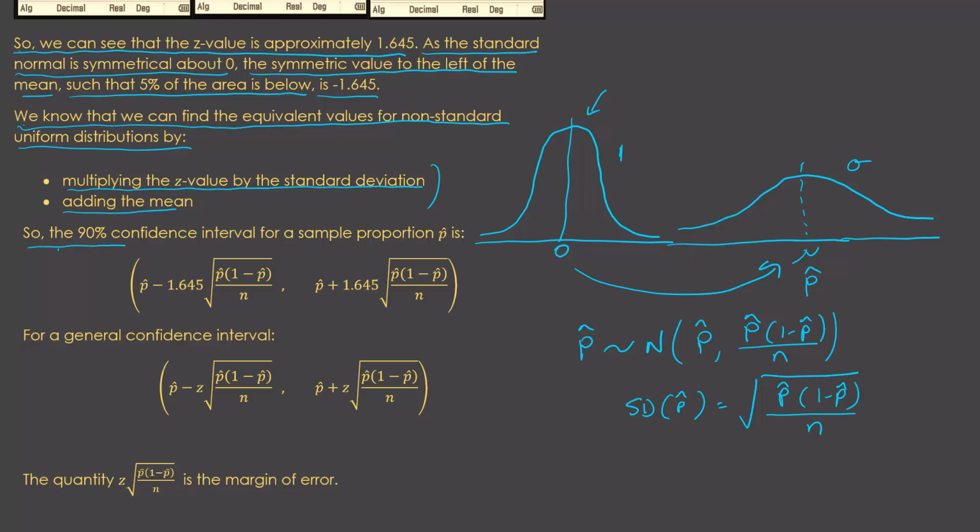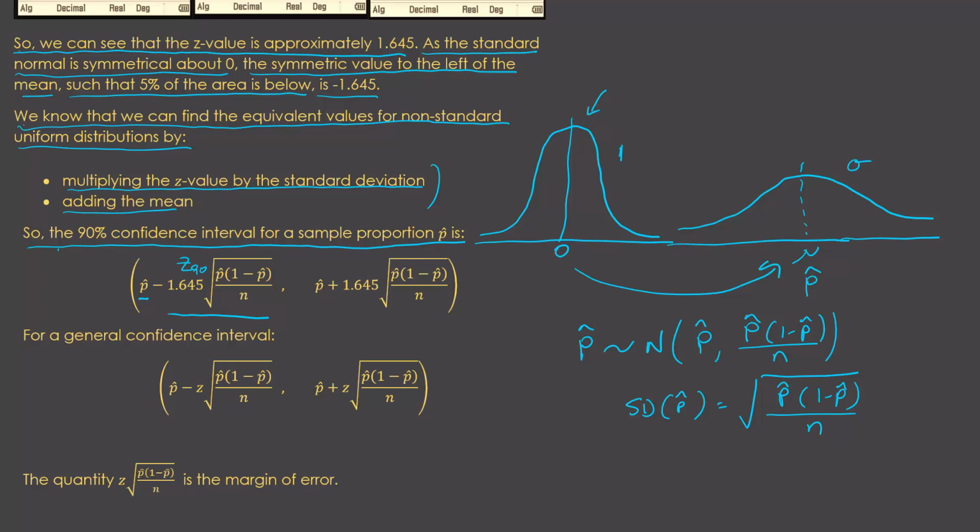So if we have a 90% confidence interval for a sample proportion p hat, then we have p hat take away 1.645, which is the Z value for a 90% confidence interval as discussed above.